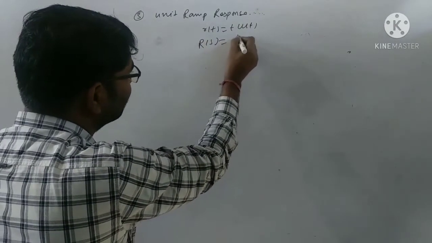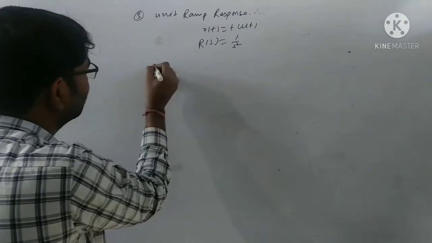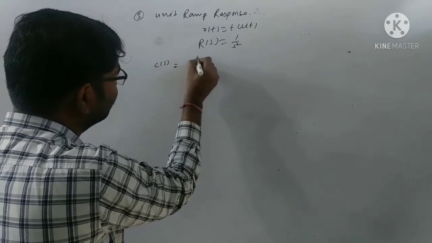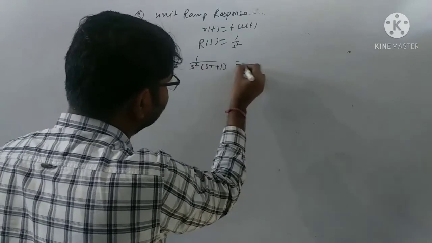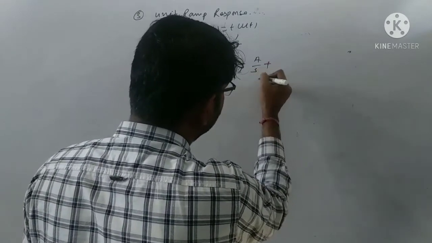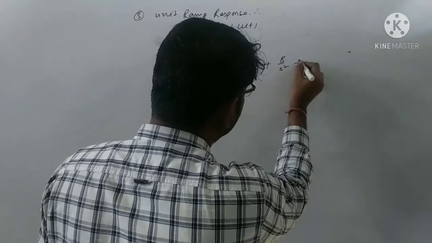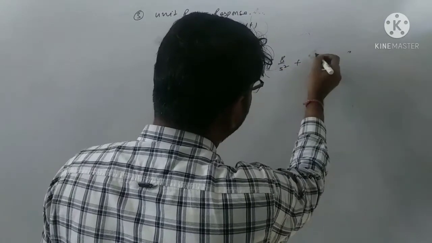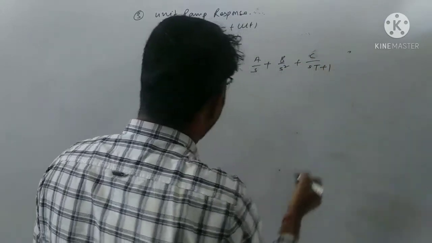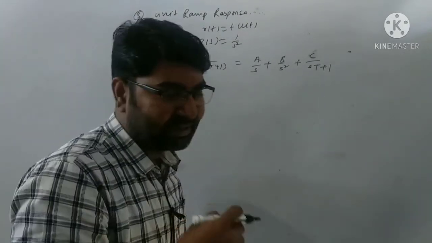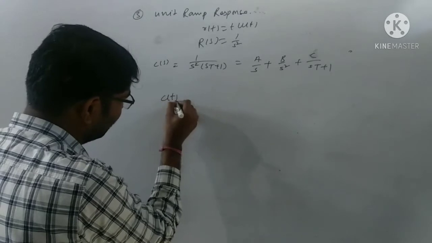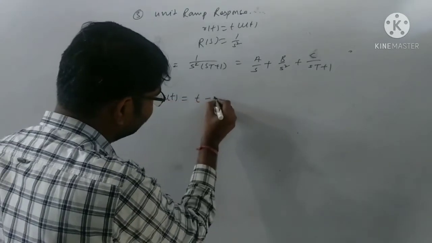So R(s) is 1 by s squared. So C(s) can be written as 1 by s squared (sT plus 1). This can be expanded by partial fractions in the form A by s squared plus B by s plus C by (sT plus 1), and after solving for A, B and C, the final response I'm going to write here.